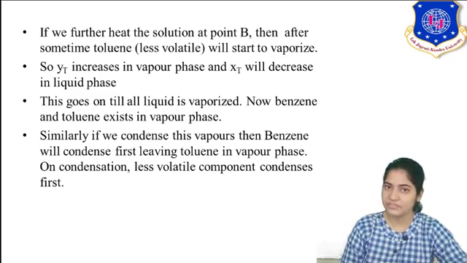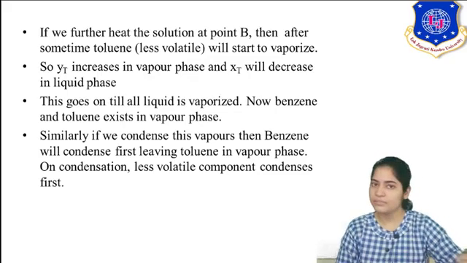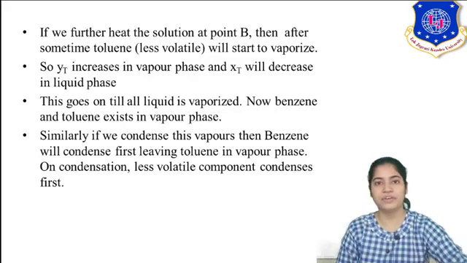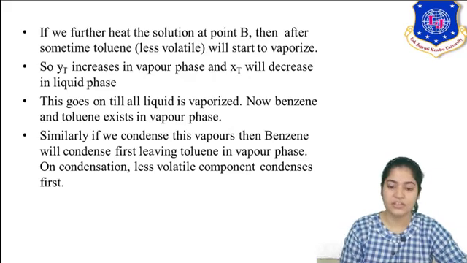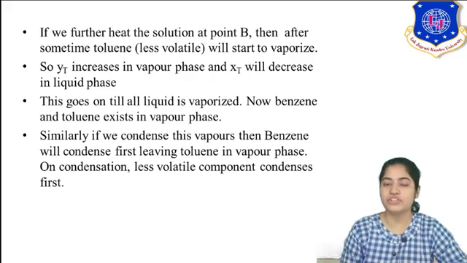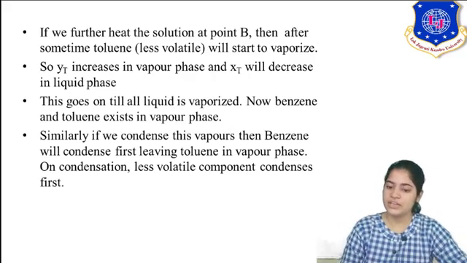Why will benzene condense first? Because it is more volatile. So as I am decreasing the temperature, it will liquefy first. Now as liquefaction of benzene occurs, my vapor phase would now be rich in toluene. So this way, on condensation, the more volatile component condenses first.